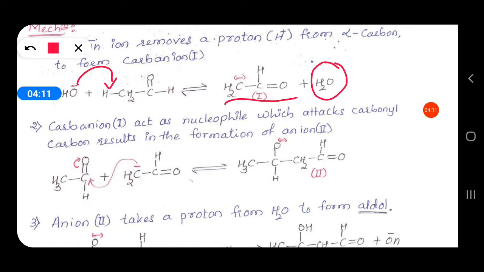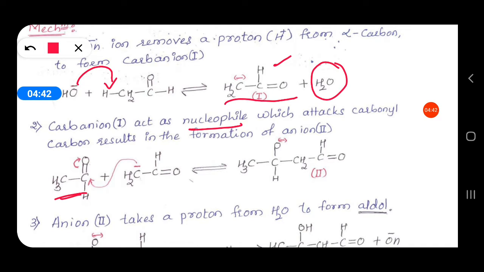Now this carbanion 1 acts as a nucleophile and attacks the carbonyl carbon of another acetaldehyde. So a total of 2 molecules of acetaldehyde are reacting here. The anion formed from one acetaldehyde acts as a nucleophile, and it reacts with another acetaldehyde molecule.